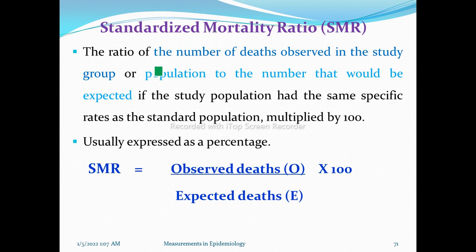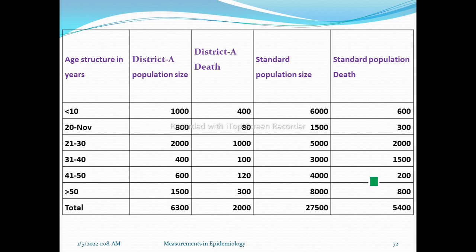The standardized mortality ratio is the ratio of the number of deaths observed in the study group or population to the number that would be expected if the population had the same specific rate as the standard population, multiplied by 100. So it is usually expressed as a percentage. So standardized mortality ratio is equal to observed deaths over expected deaths times 100.